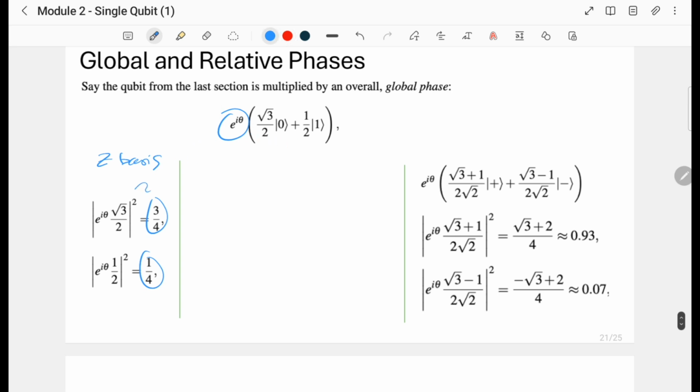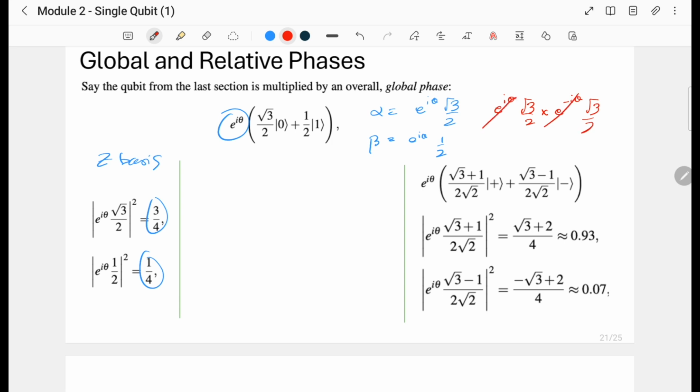We did the same process. We took alpha square, so our alpha would become e iota theta root 3 by 2, and our beta would be e iota theta 1 by 2. And when we take the square, because this is a complex conjugate, we would write it as e iota theta root 3 by 2 times e minus iota theta root 3 by 2.